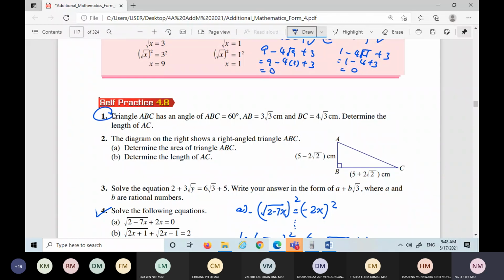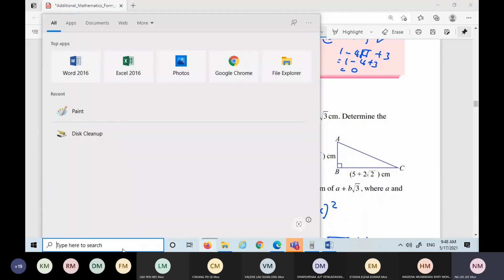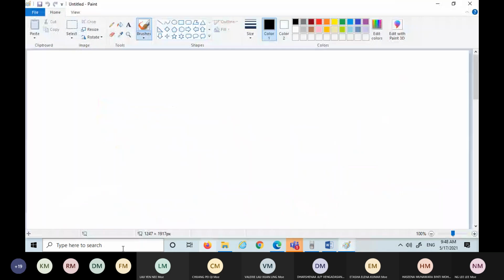You go through the question a while. I have no space for this, so I have to. Triangle ABC has angle ABC equal to 60 degrees. So I try to draw it out.